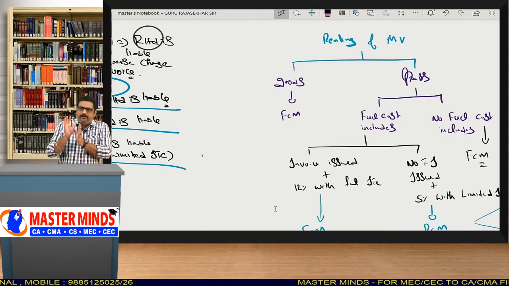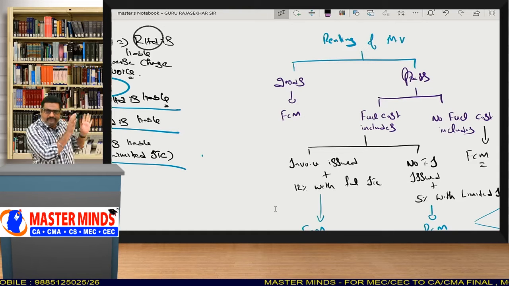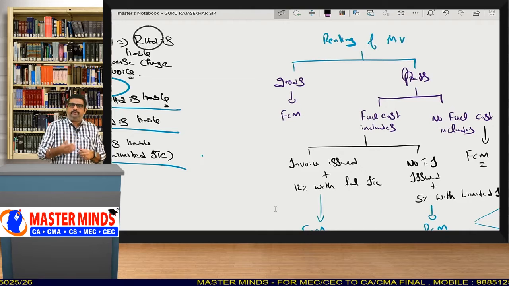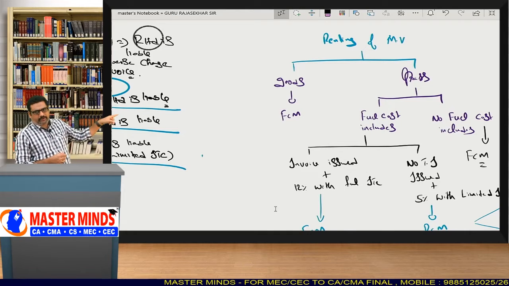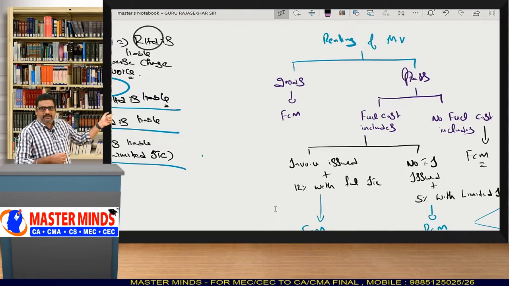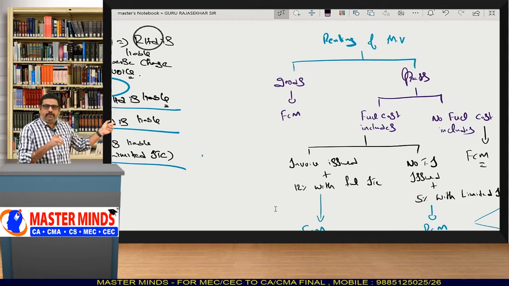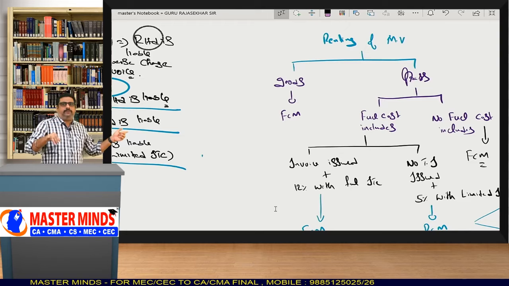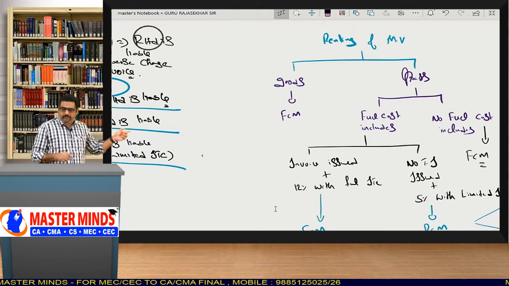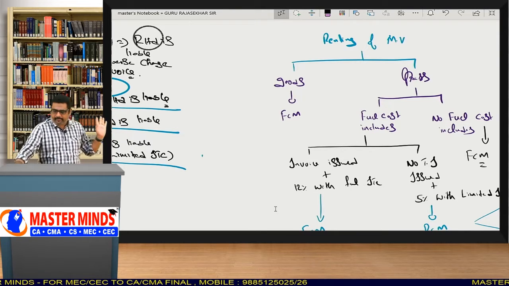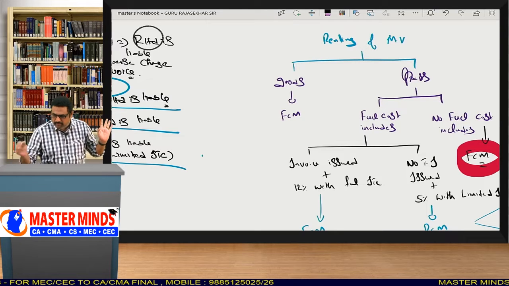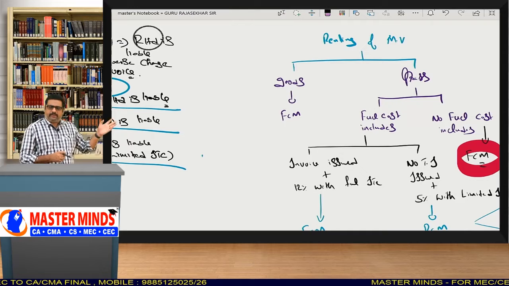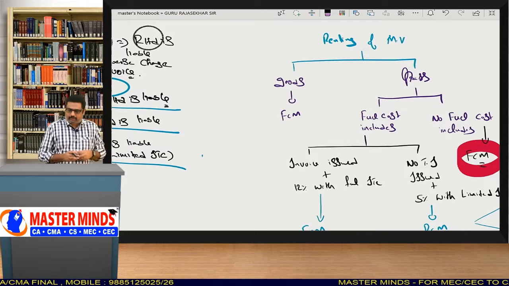Next point: it is a motor vehicle designed to carry passengers. The next point we have to check is whether the consideration includes fuel cost or not. If the consideration does not include the cost of fuel, then FCM is applicable. Okay, sir, the consideration includes fuel cost also.